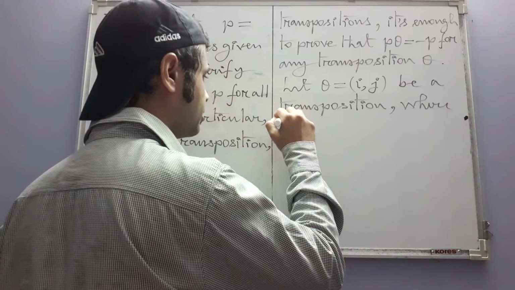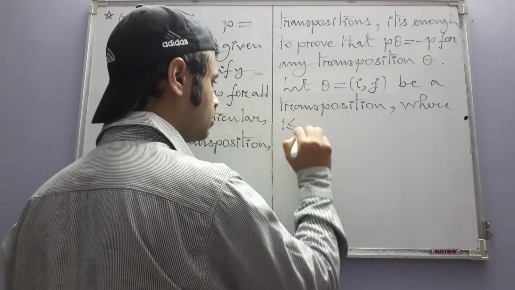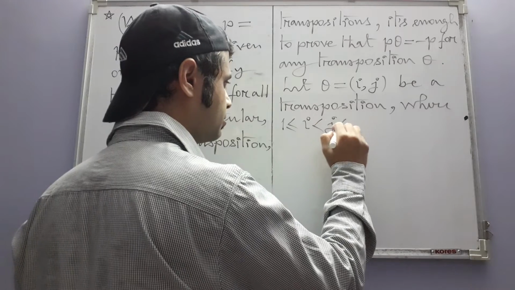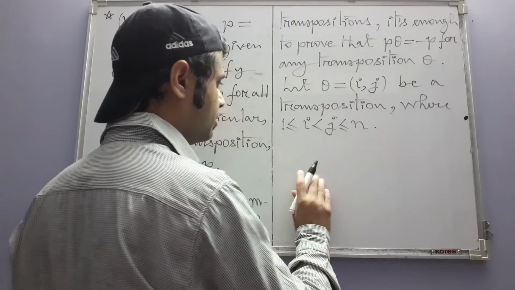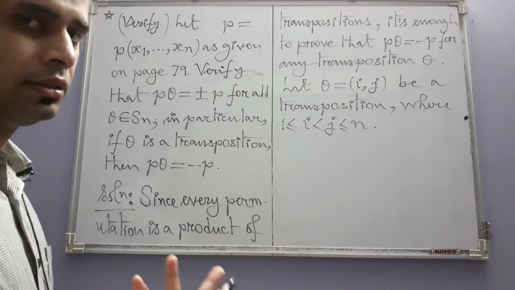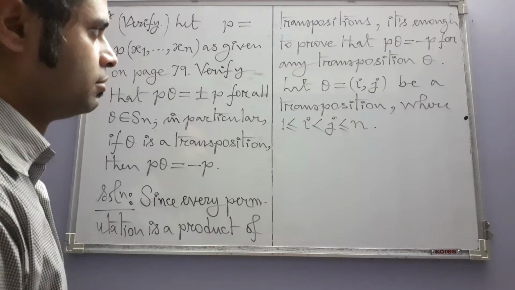So we can conveniently assume that 1 is less than or equal to i is less than j, and j is less than or equal to n. If you want, you can switch i and j also, it will not make any difference.